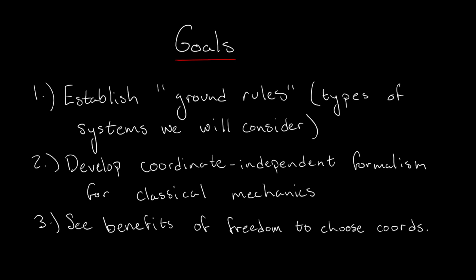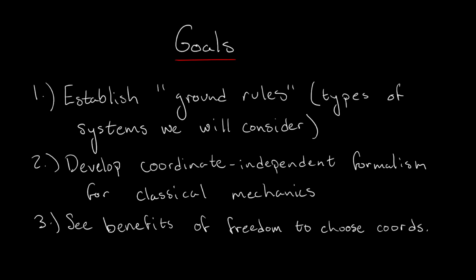And so the first place we're going to go with that is Hamiltonian mechanics. The beautiful thing about Hamiltonian mechanics, as we'll see, is that we're allowed to develop it without ever having to consider a specific choice of coordinates.